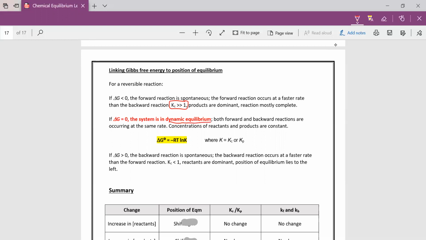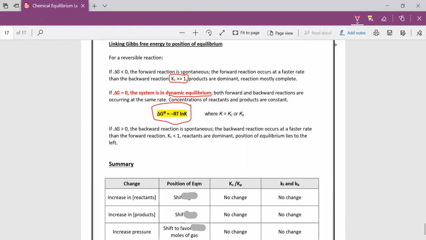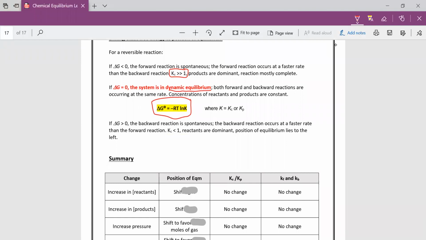And this is a very important equation, because it links your delta G to your equilibrium constant. If delta G is more than 0, then the reaction is not spontaneous. Kc will be smaller than 1.